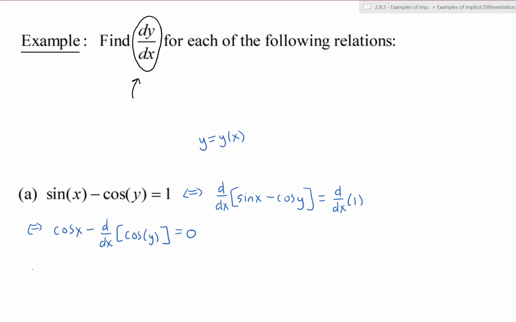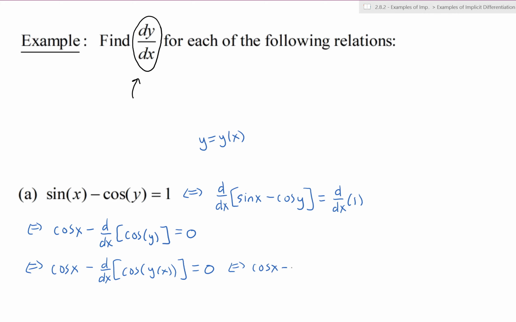That's the chain rule. You really think of this equation as cosine x minus the derivative with respect to x of cosine of some function that we don't know. Hence, when we differentiate cosine of y, we have to apply the chain rule.